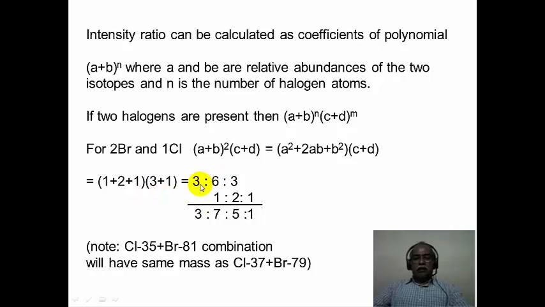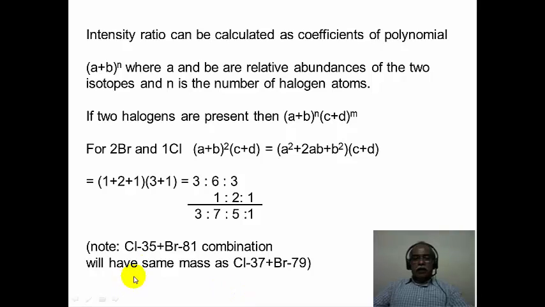Now this essentially corresponds to 3:6:3 when you multiply by 3, and when you multiply by 1, it is 1:2:1. And remember, the 6 and the 1 relative intensities correspond to M+2, and this corresponds to M+4, and this corresponds to M+6.